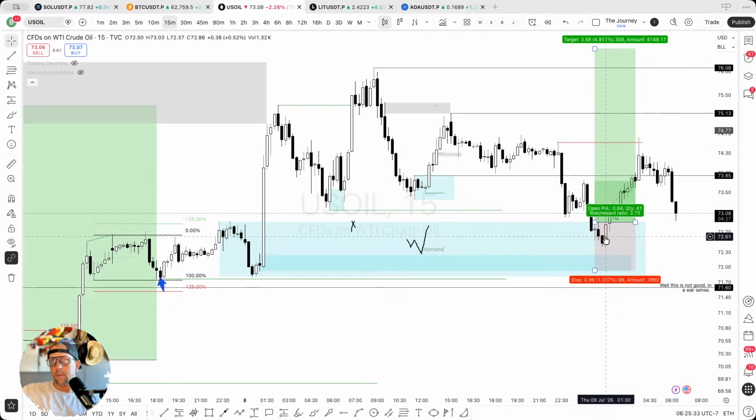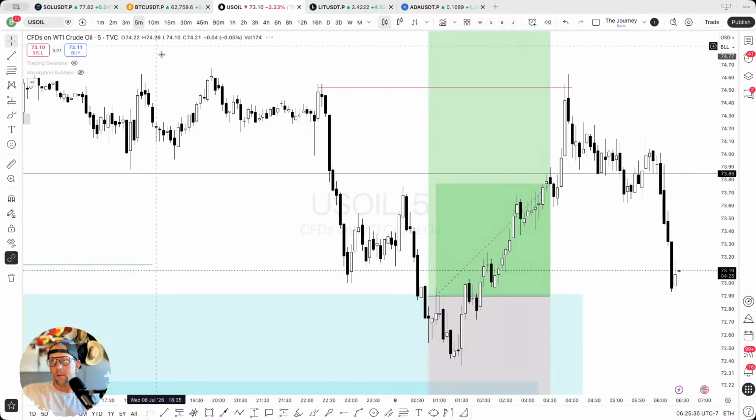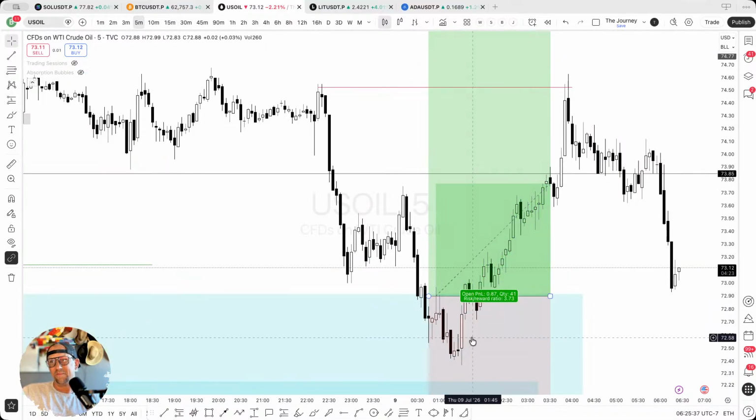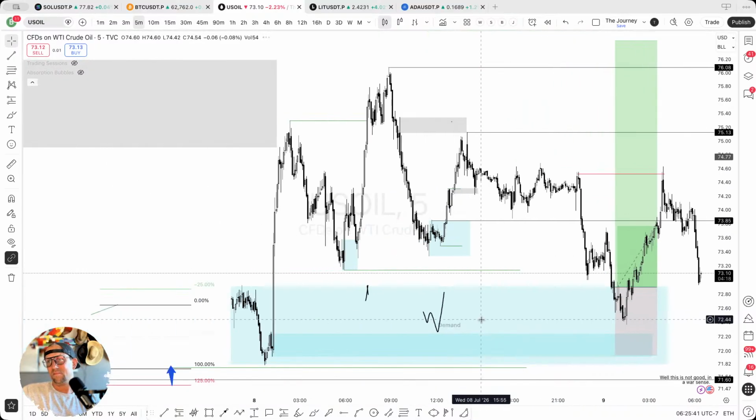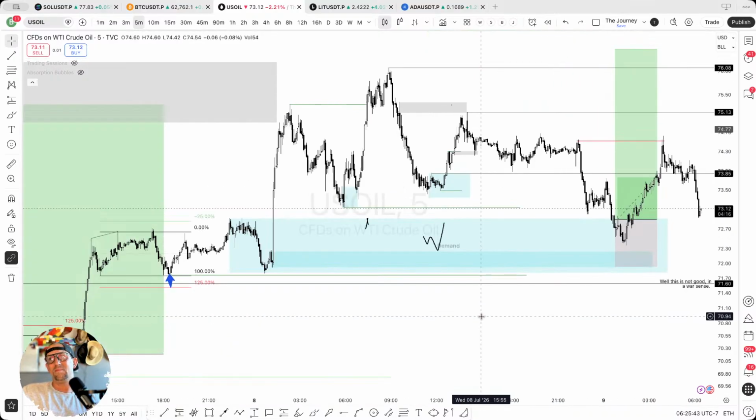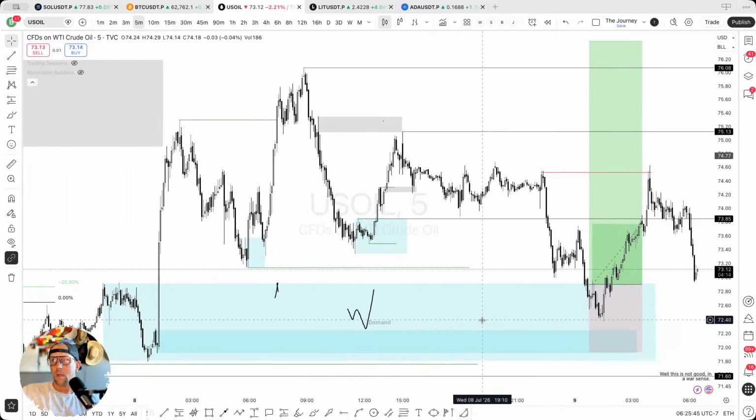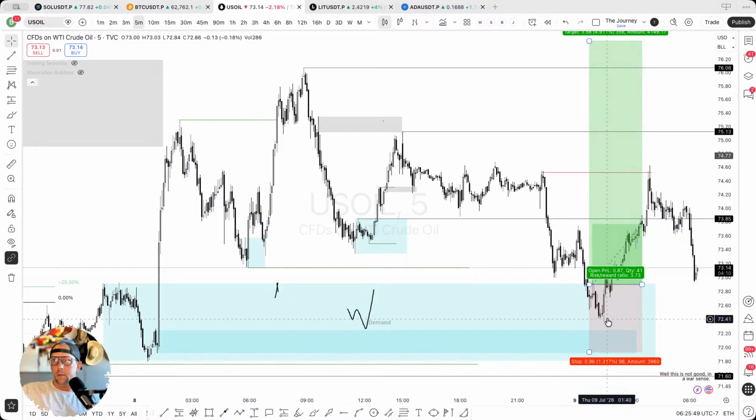So I'm not sure I'm going to love the demand down in this low. I'd rather it take out this low. I'd feel better if it took out this low.